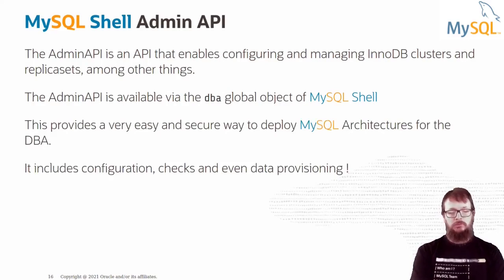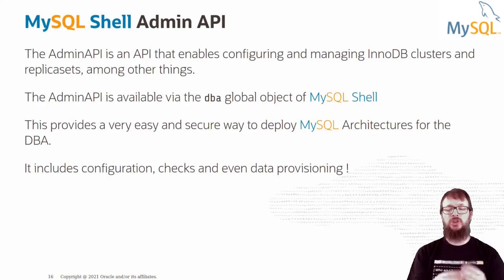So the use of the admin API allows you to deploy architecture much easier than usual. So you have no need to configure stuff, to copy stuff and stuff like that. And it's much more secure, because as it does it in a very controlled way, it's much better and more secure to deploy stuff without breaking anything, right? It also includes configuration, so no need for you to configure anything manually.